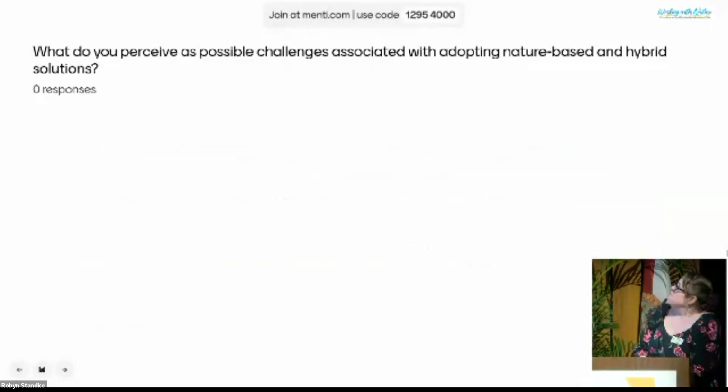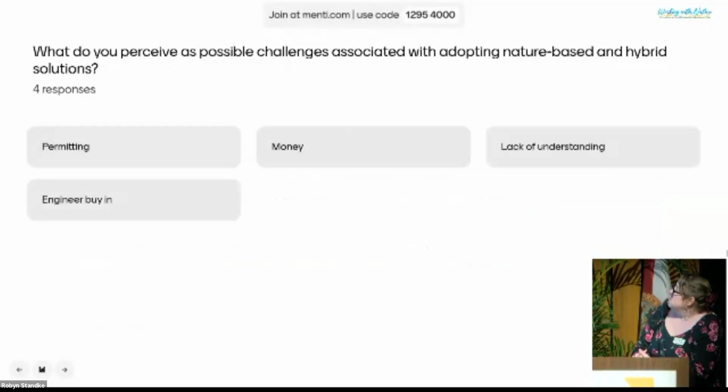What do you perceive as possible challenges associated with adopting nature-based and hybrid solutions? So again, we know that we have people in the room and online who have probably very different roles or interactions that they've had around these strategies. So what are some of the things that you want to share about the challenges? Okay, permitting, money, so funding.